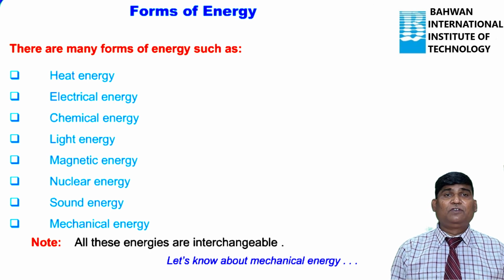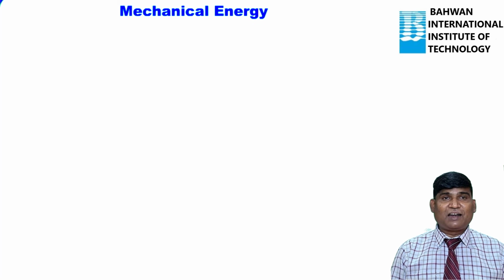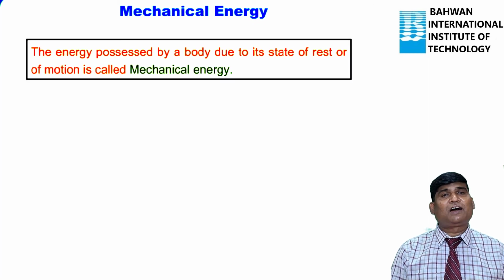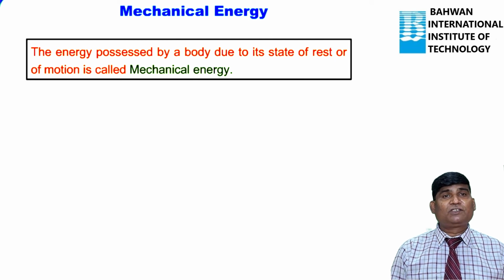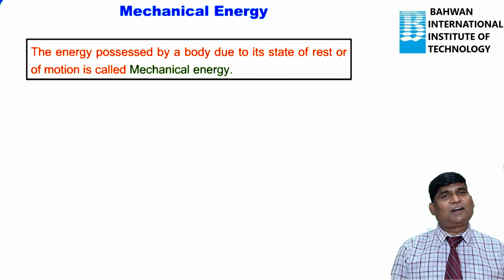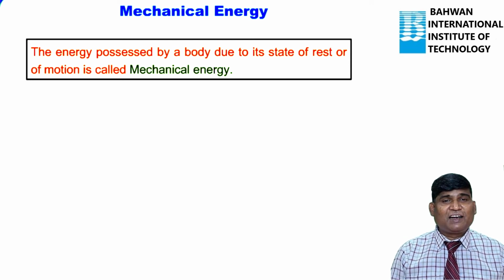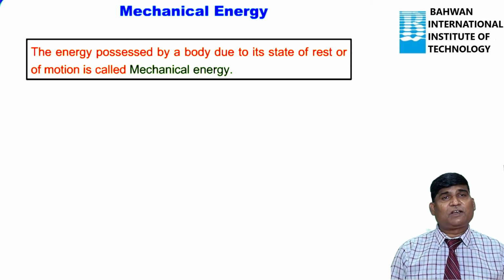Right? Now we'll see mechanical energy. That is our topic. What is mechanical energy? How will we define mechanical energy? The energy possessed by a body due to its state of rest or of motion is called mechanical energy. It is the energy possessed by the body by virtue of its position or by virtue of its motion.